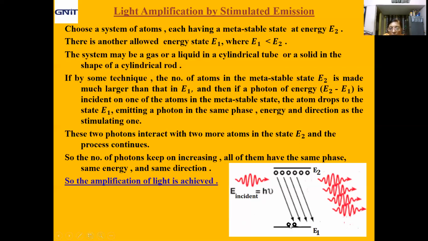That means to achieve light amplification, we have to maintain certain conditions, which we covered in today's session. Definitely in the next class, we will start from this point: the logic of why this amplification is achieved, and what basic conditions we have maintained here.